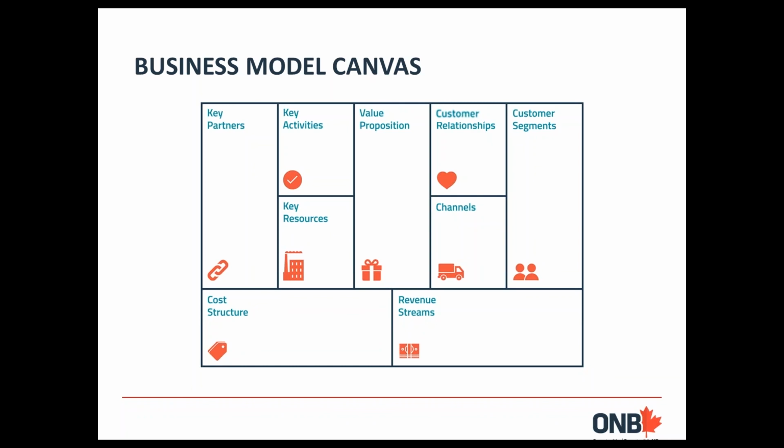Now, one of the things you'll notice in the value proposition is a little gift down at the bottom. I love those icons because they really form an interesting clue as to what that piece of your canvas is all about. So think about it this way when it comes to the gift. I like to say that with any business, the true success is they need to have the proper mindset.